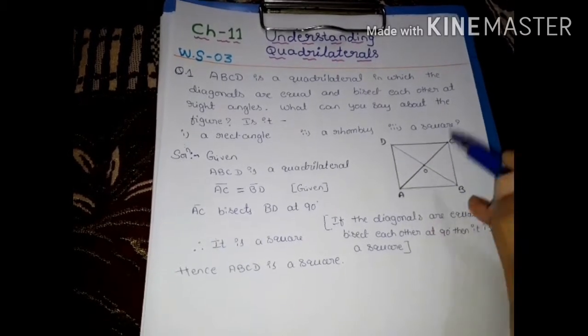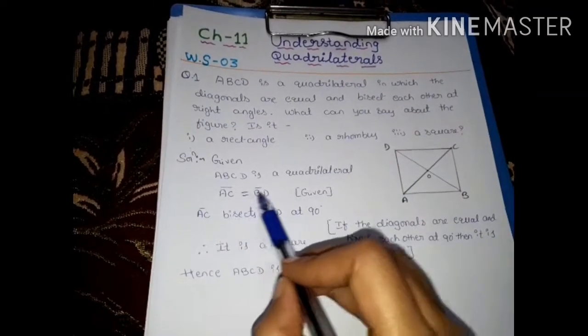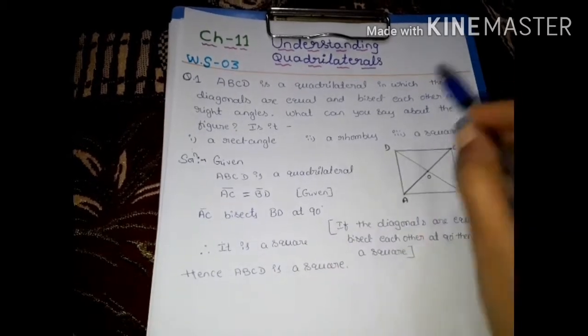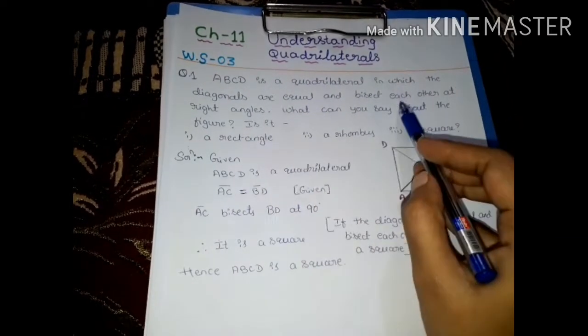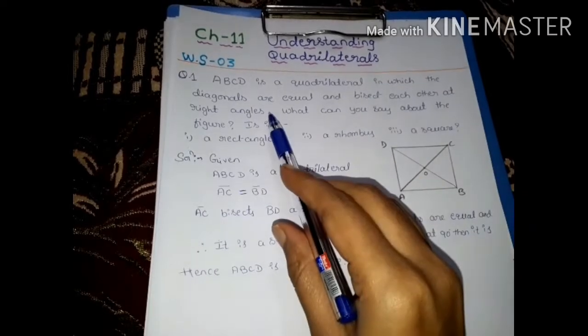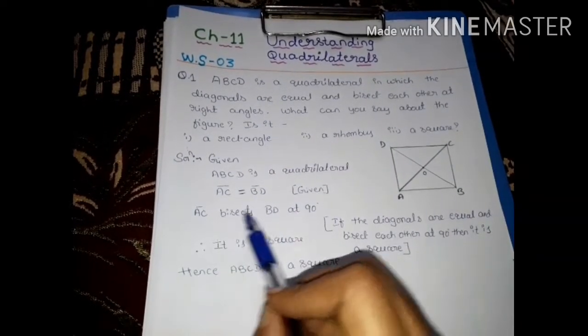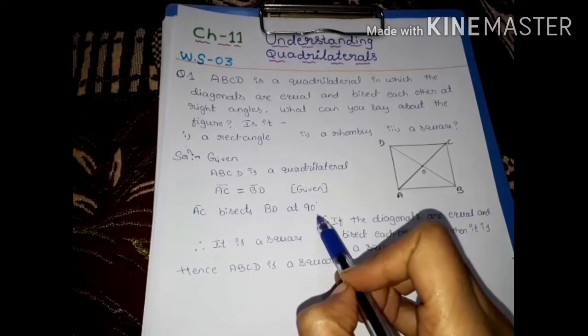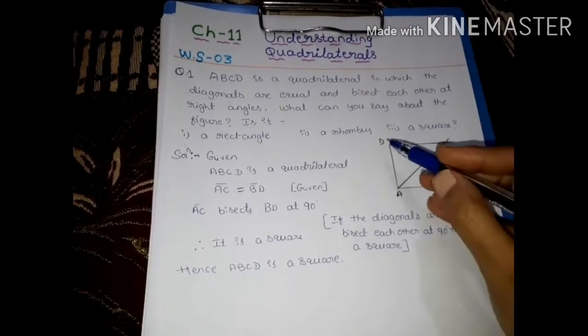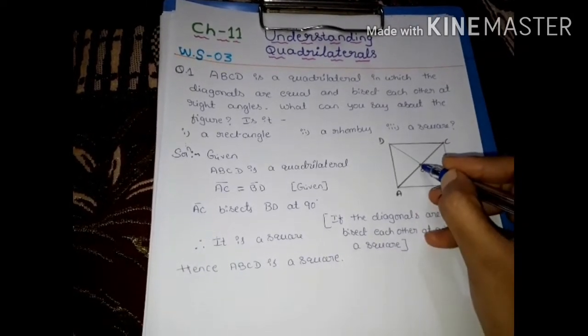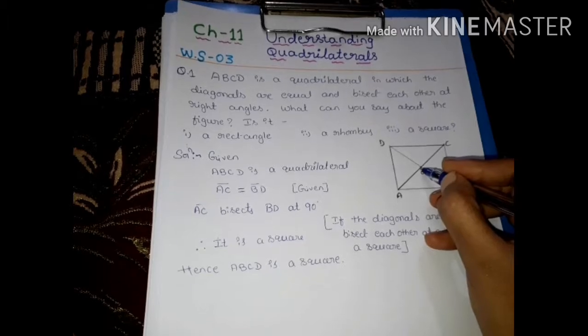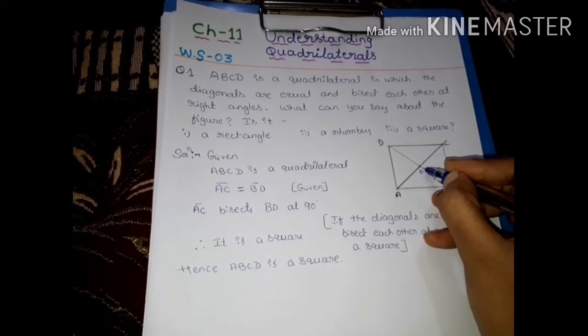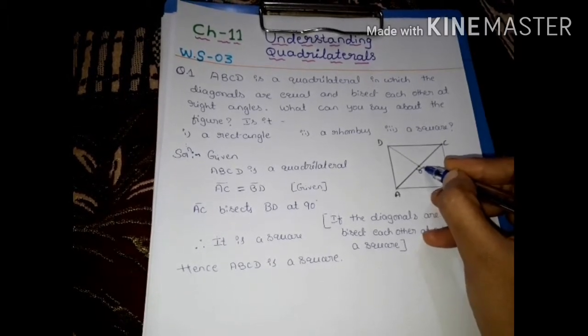These two are equal, AC equal to BD, because given the diagonals are equal and bisect each other at right angles. AC bisects BD at 90 degrees. So AC and BD bisect at O and form a right angle, a 90 degree angle.